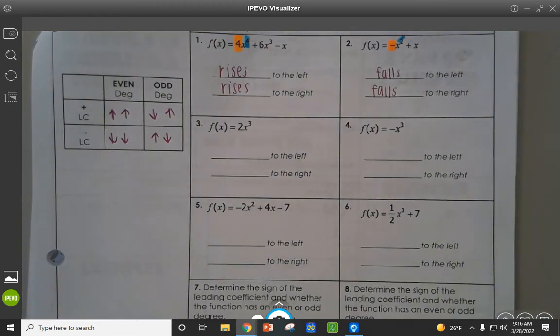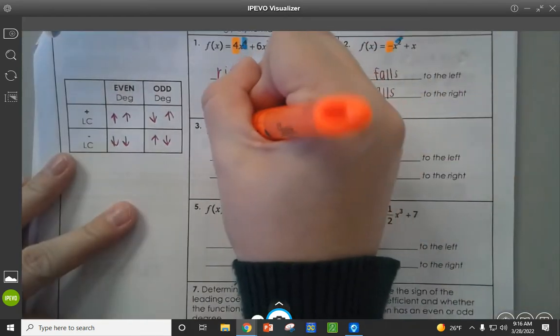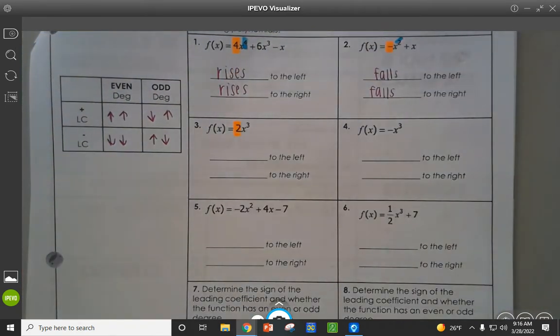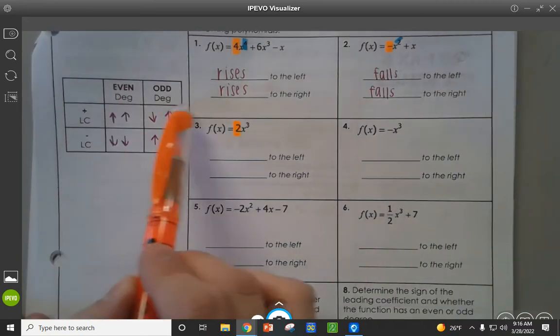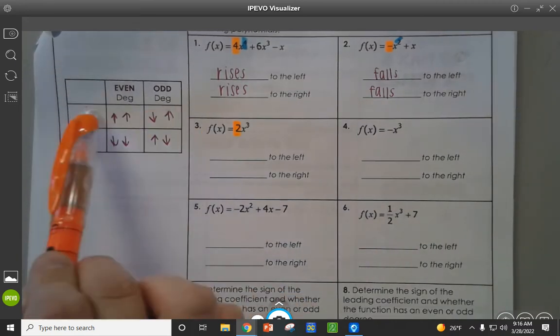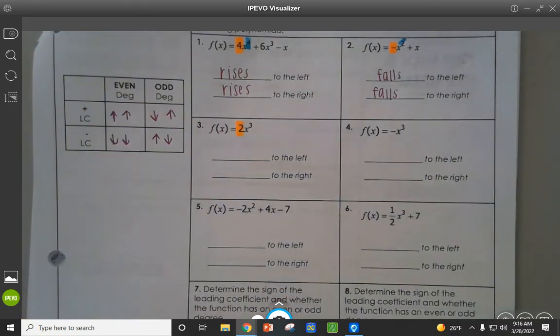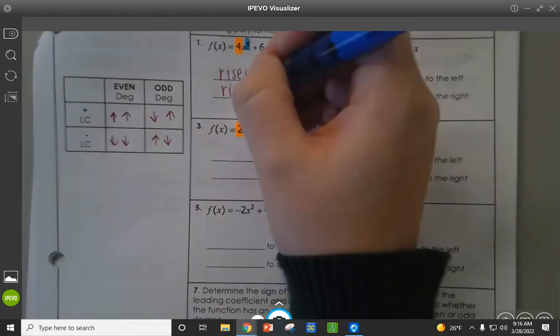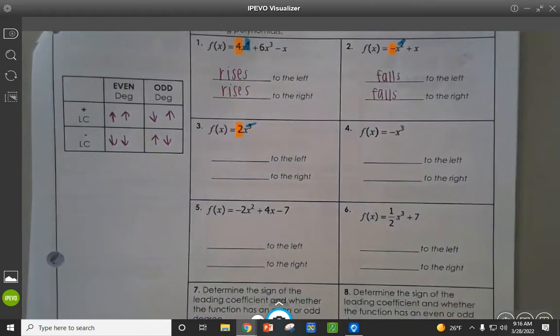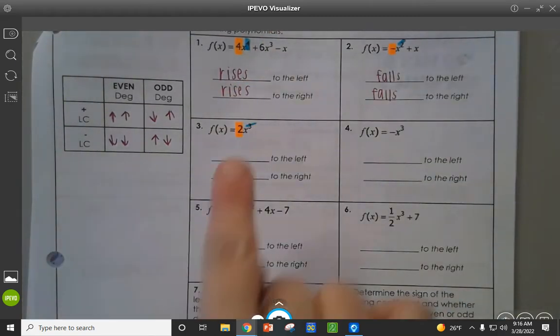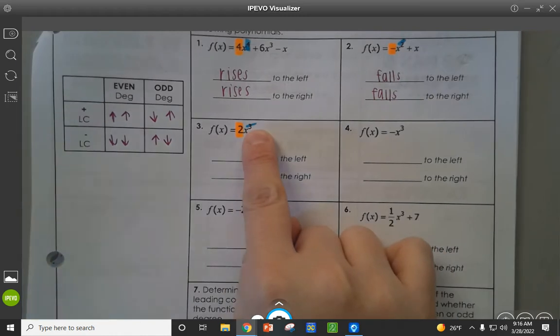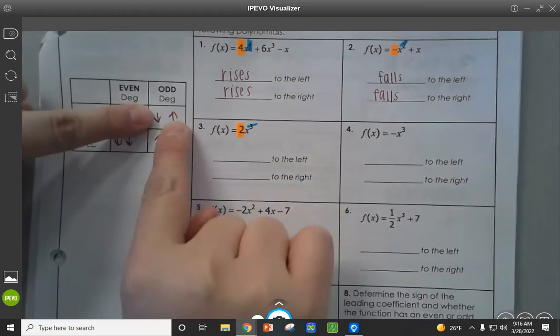Number 3. Let's look at my leading coefficient. Is it positive or negative? Positive. So it's going to be one of these two. Is my degree even or odd? Odd. 3 is an odd number. So positive, odd.